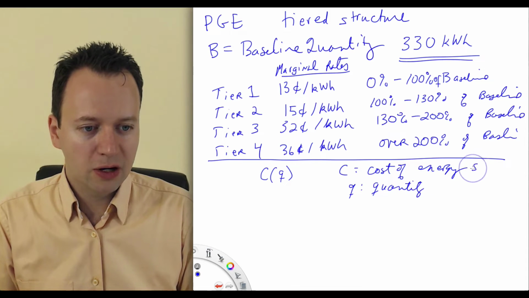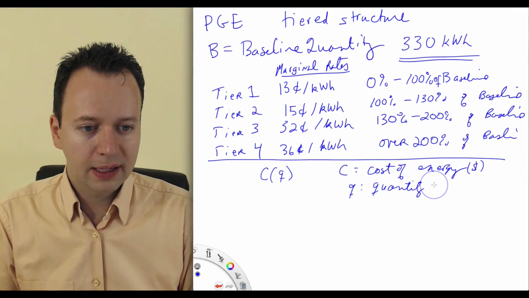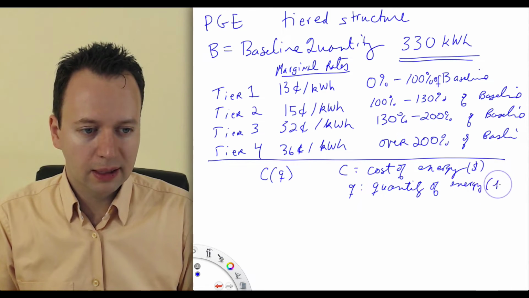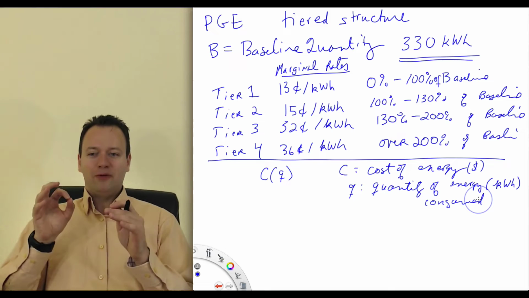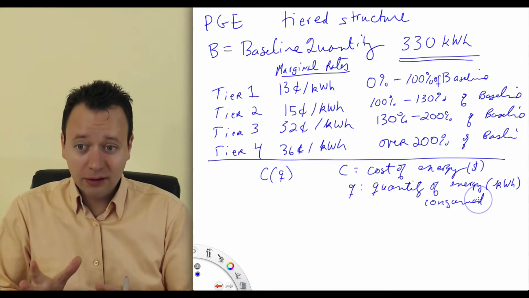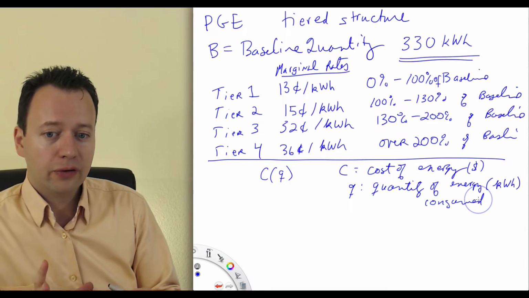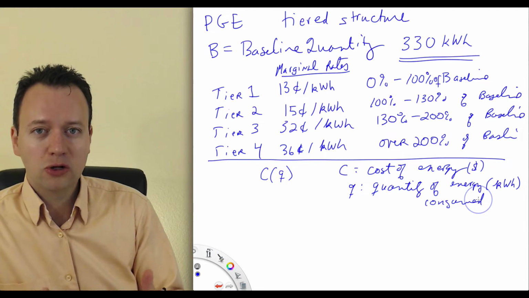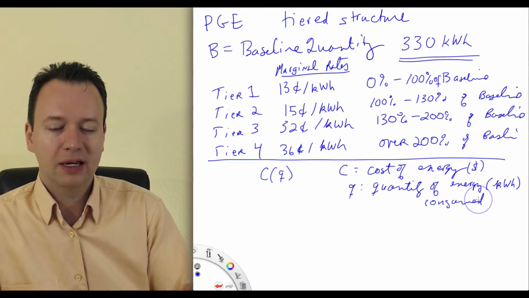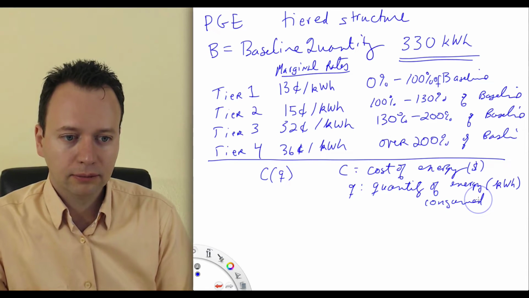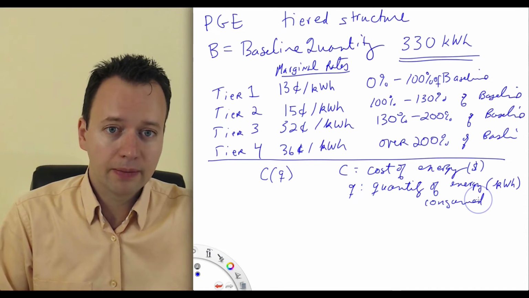C is measured in dollars, and the quantity of energy is in kilowatt hours consumed. So we want to come up with a piecewise defined function that tells us basically how much we owe the electric company as a function of how much electricity we used in kilowatt hours. All right, so that's C of Q.